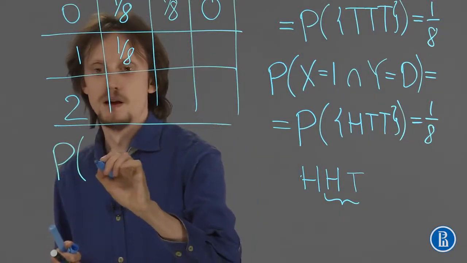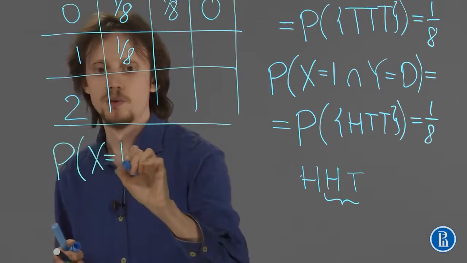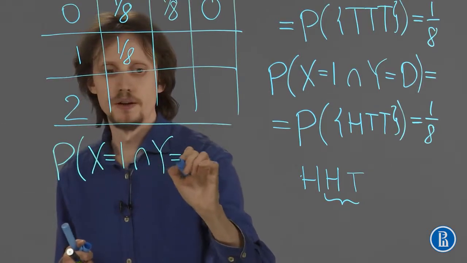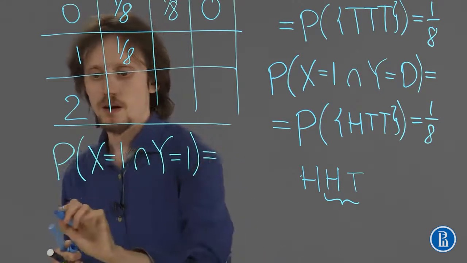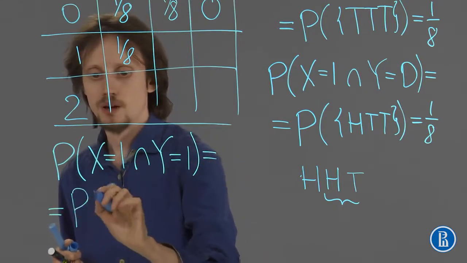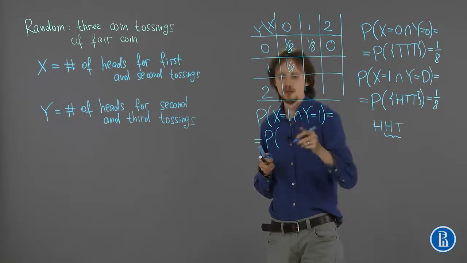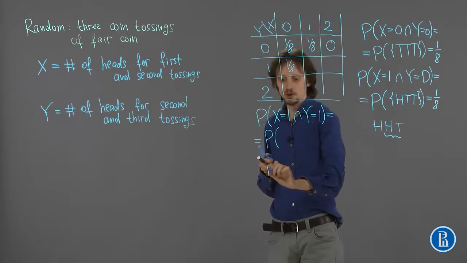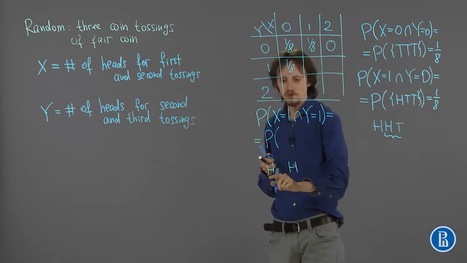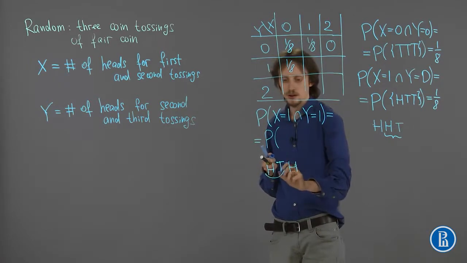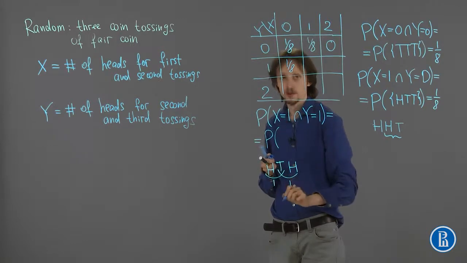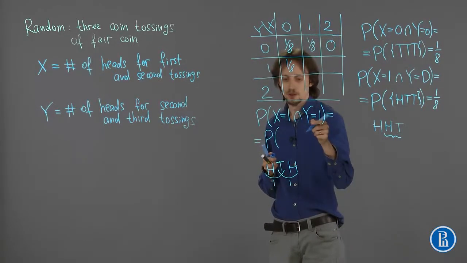The probability that x equals 1 and at the same time y equals 1 is equal to the probability of an event that is satisfied by two possible outcomes. Indeed, it is possible to have heads at the first and the last tossings, and tail here. In this case, here we have one head, and here we also have one head, and this satisfies our condition.